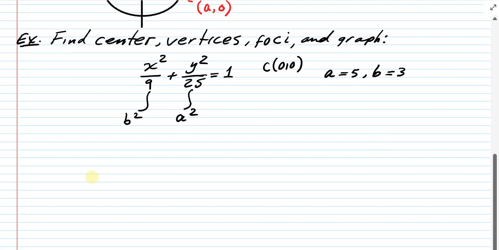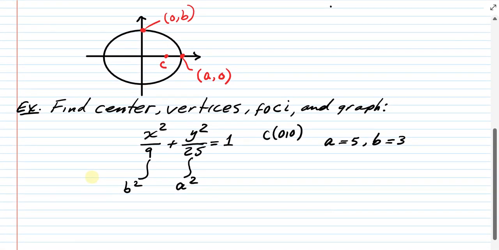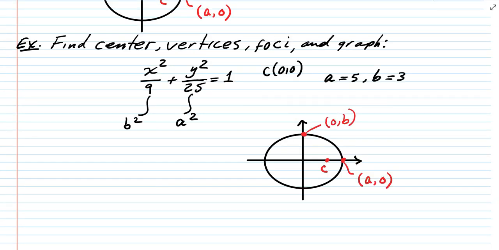Okay, now I can actually graph these easily, couldn't I? Let me copy my ellipse from above down below, and I'll do it for you. Okay, so here you go. I did a copy paste job here. Now the center again is at 0, 0. Let's write the specifics here. So center is at 0, 0. Next, we want to find the vertices, right?